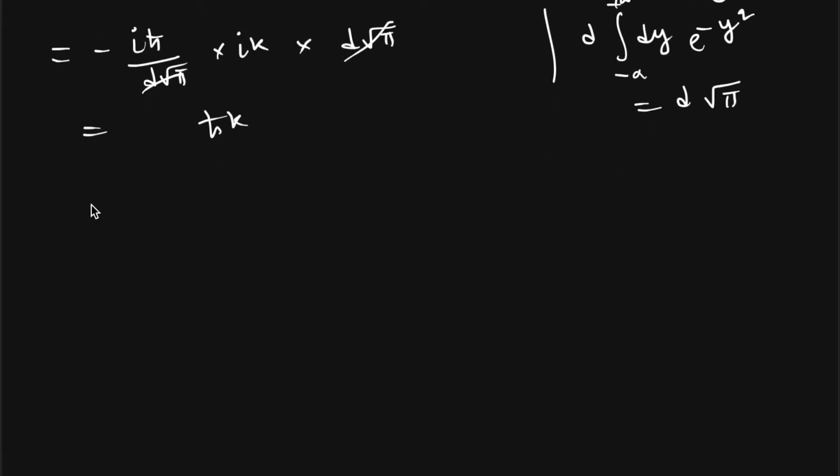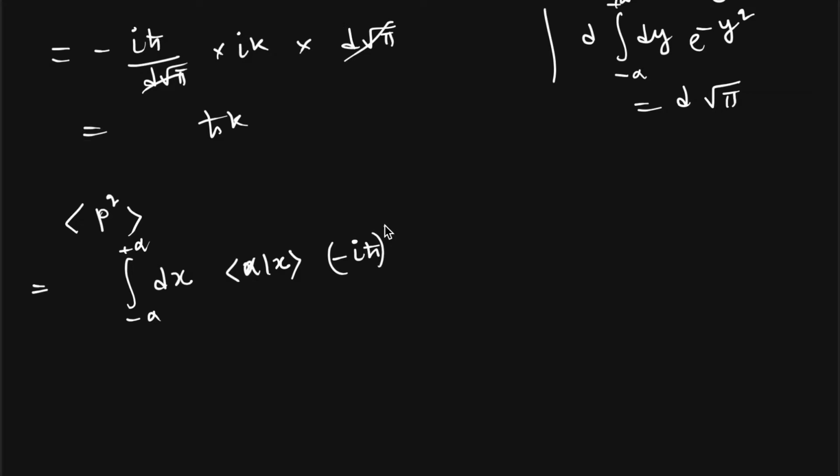Similarly, the expectation value of p square can be written as integral from minus infinity to plus infinity dx <alpha|x> times minus h cut square del 2 by del x2 of <x|alpha>.